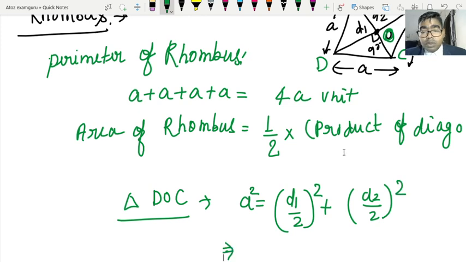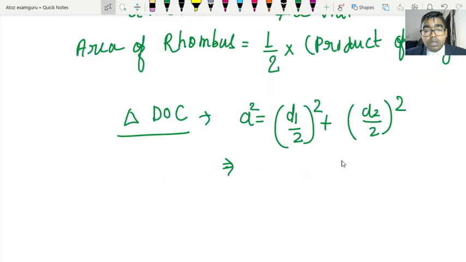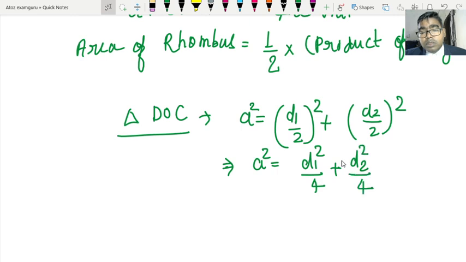So a square equals D1 square by 4 plus D2 square by 4.